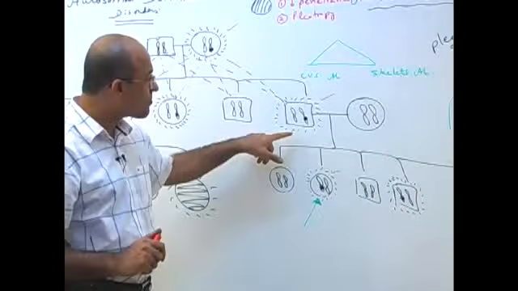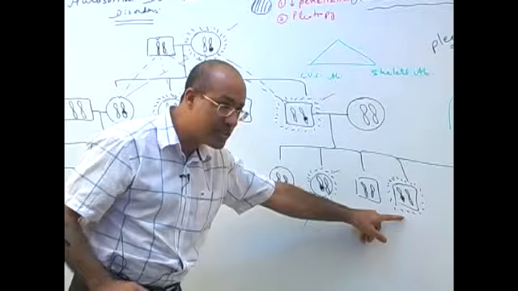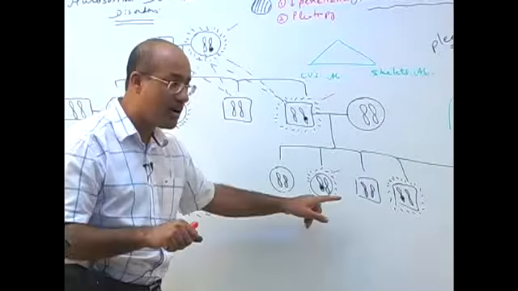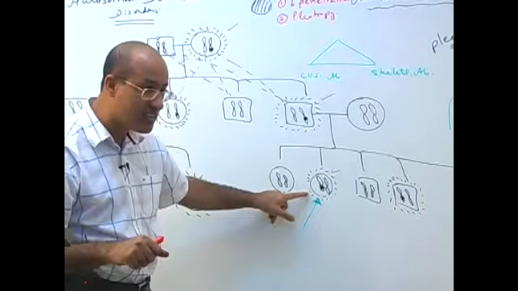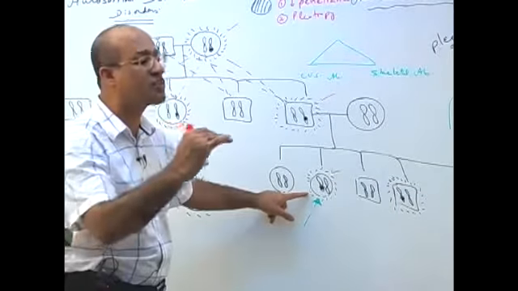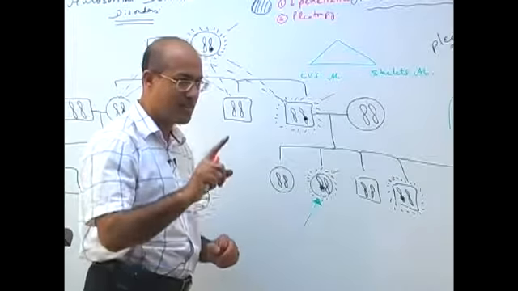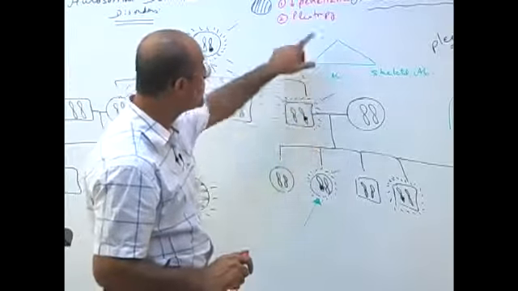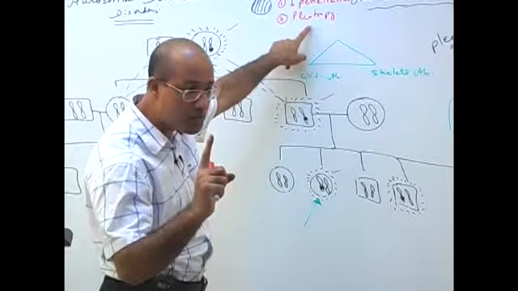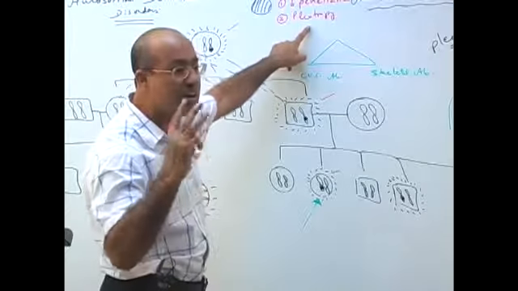Different people with an autosomal disease may express the disease with different severity and with different manifestations. Now this concept is different from pleiotropy. Pleiotropy was that if one gene is defective, manifestation may occur in multiple systems.